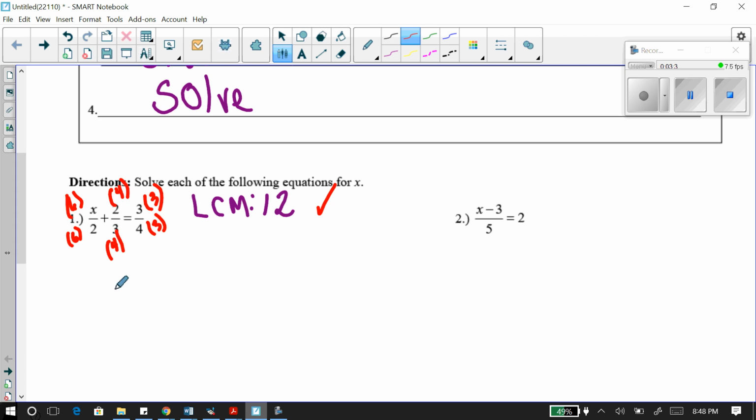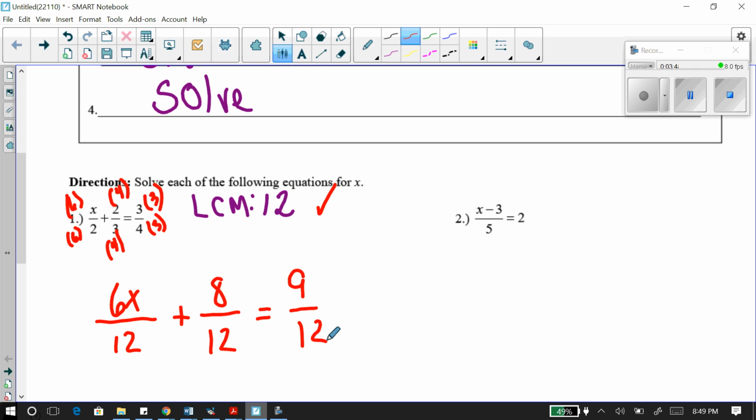6 times x is 6x over 12. Plus 2 times 4 is 8 over 12. 3 times 3 is 9 all over 12. Now that it's all 12, this is my favorite part, we cross them out.